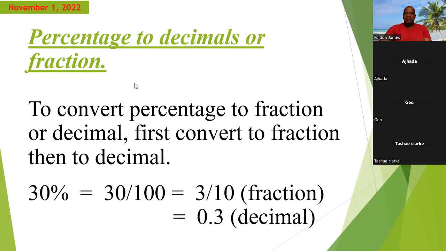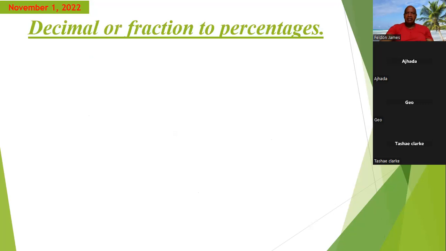As I was saying, if you're converting a percentage to a decimal, you may want to first convert the percentage to a fraction, and then convert the fraction to the decimal. All right, so that should be pretty straightforward. Now, if you are converting decimals or fractions to a percentage, that is not so hard at all.